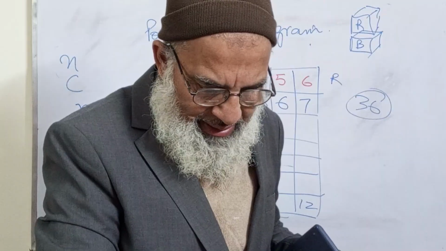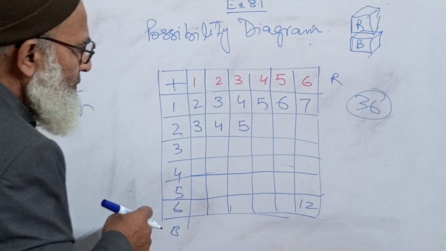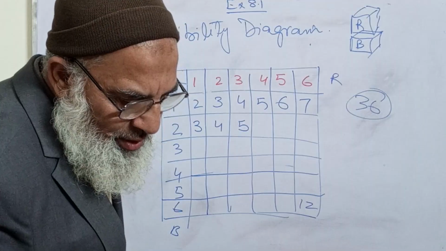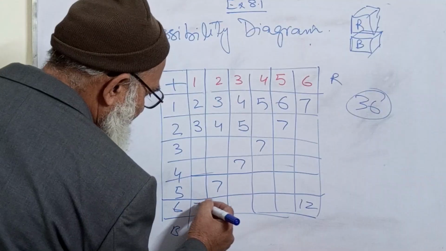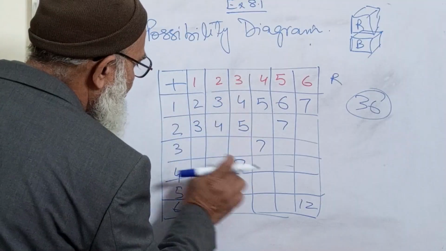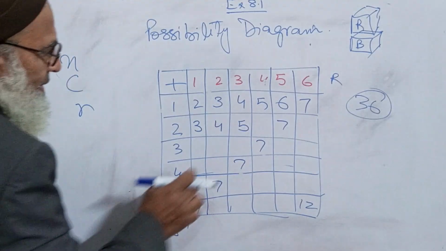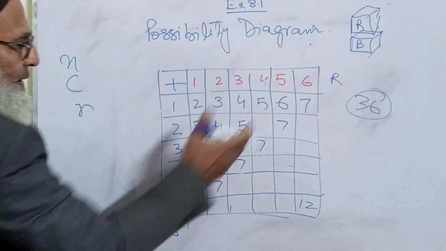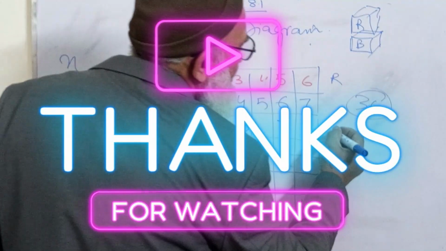Now our first question is: the sum is 7. How many sevens are there? You see, this will be 7, this will be 7, this will be 7, this will be 7, this will be 7, and this will be 7. 6 plus 1 is 7, 5 plus 2 is 7, 4 plus 3 is 7, 3 plus 4 is again 7, 2 plus 5 is 7, 1 plus 6 is 7. So there are 6 in the grid with total 7.